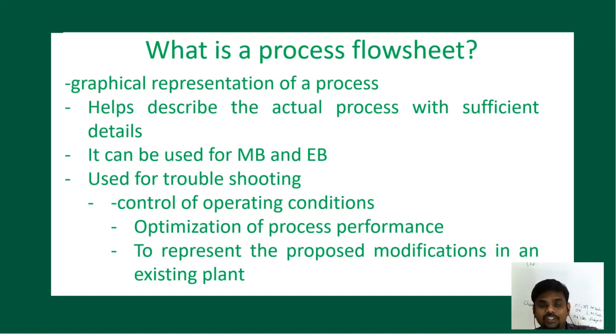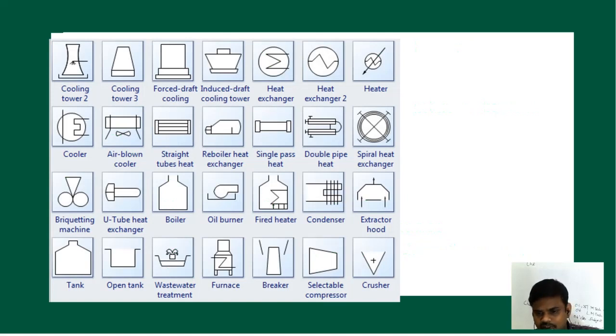So to suggest a modification, we should show the existing chemical plant, what alternative we are suggesting, the modifications that we are suggesting, and how much we have to invest for it. This can be explained with such a process flow diagram.